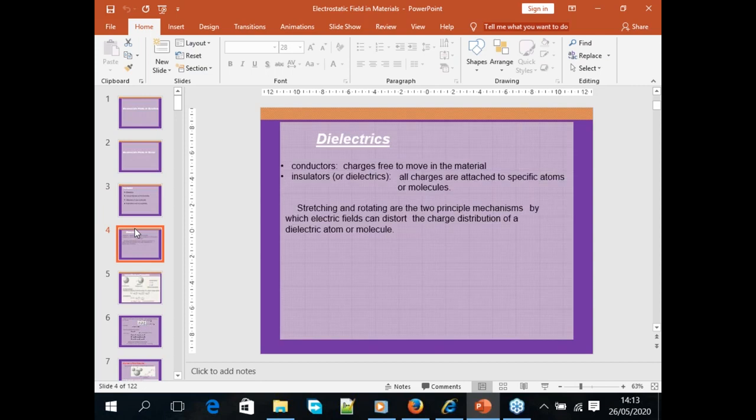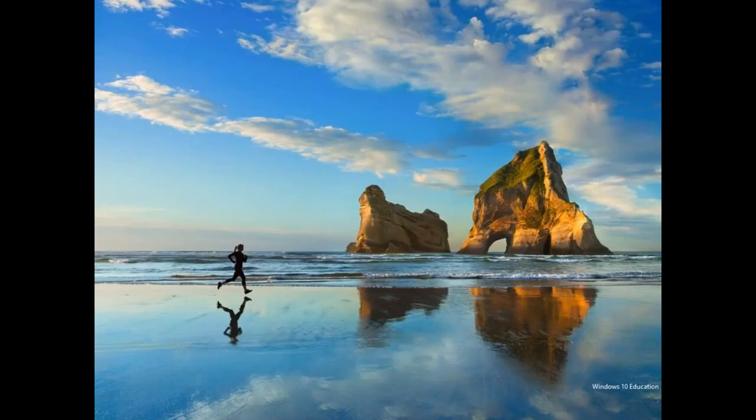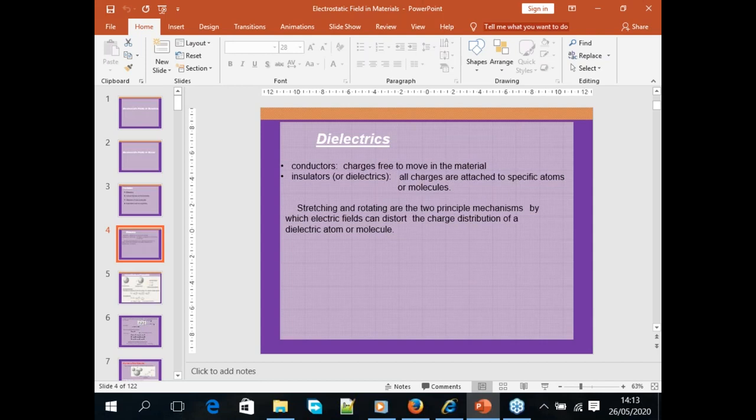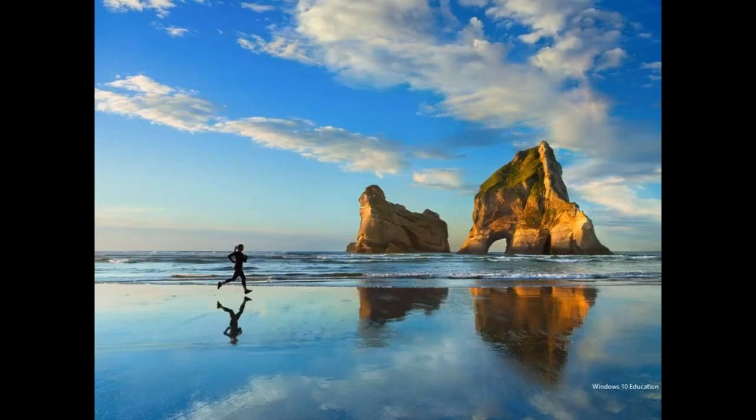When we talk about conductors, their charges are free to move in the material, while for insulators, or dielectrics, all charges are attached to specific atoms or molecules.